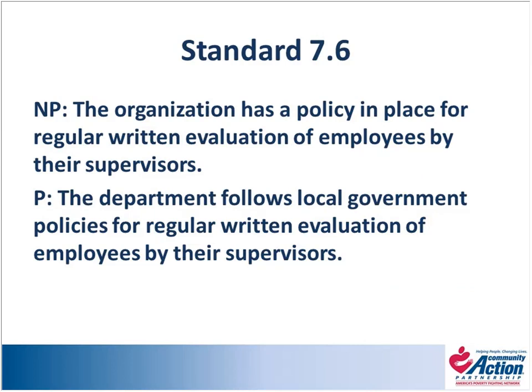This is the one I was talking about earlier, that there's a trend where there's a lot more coaching going on in agencies, which is a great thing. So it's more of an ongoing evaluation process where a lot of verbal feedback is given on a regular basis. That's perfectly fine, but there has to be a policy in place saying that that is what the agency is doing.